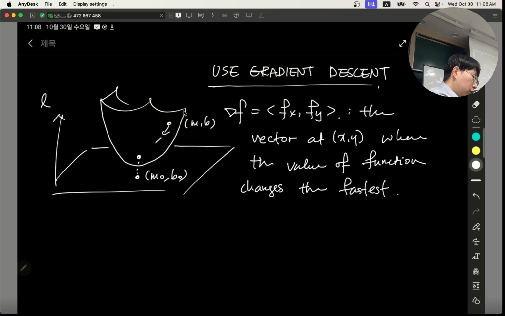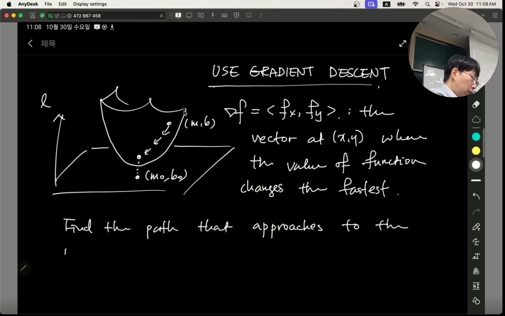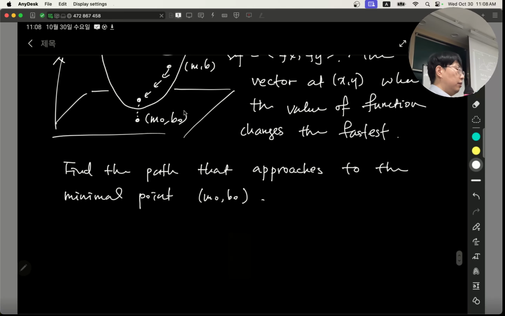You need to move your point m and b along the shortest path to the minimum point, find the path that approaches the minimum point m0, b0.